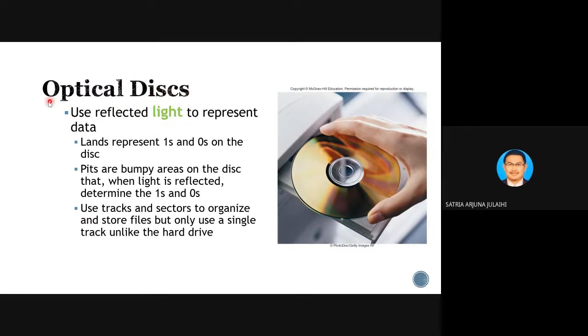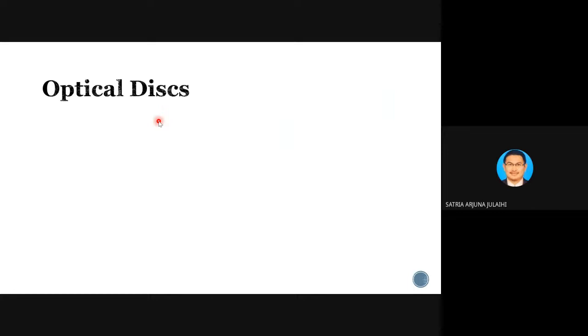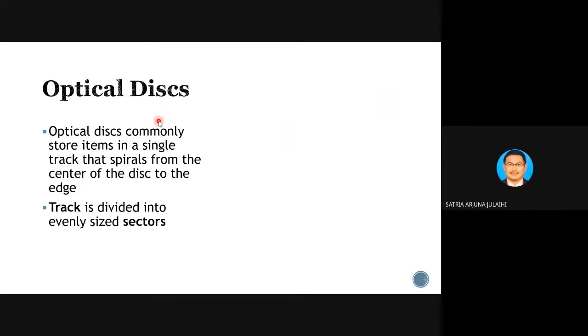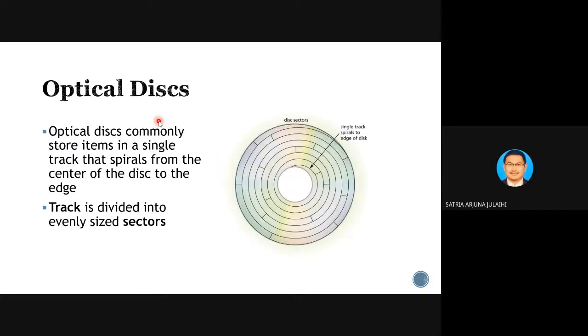One other optical device that we have is the optical mouse. Optical mouse, it is using light technology. Penggunaan cahaya. Also in optical disc, the data or information is kept in tracks and sectors, just like in the hard disk.